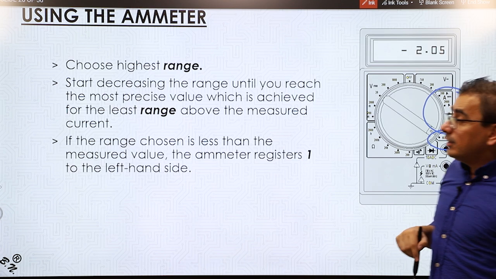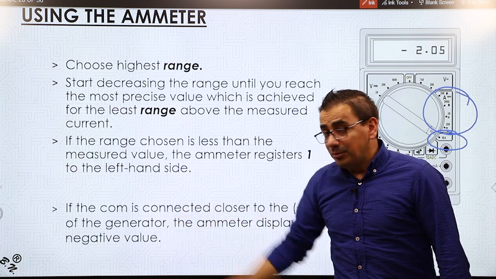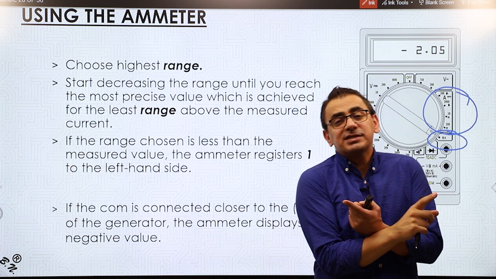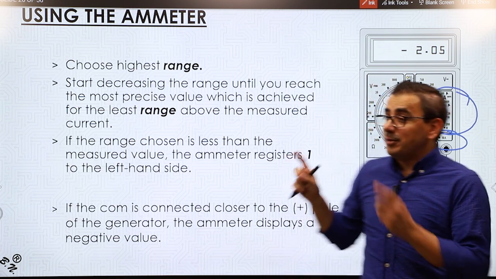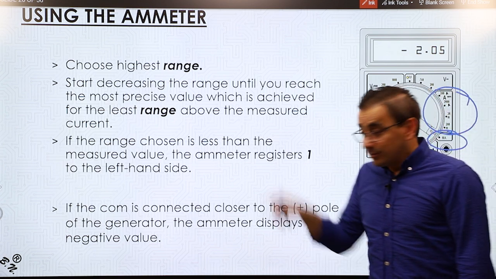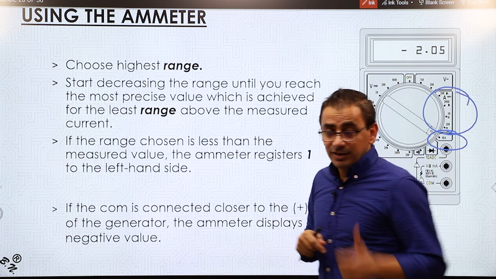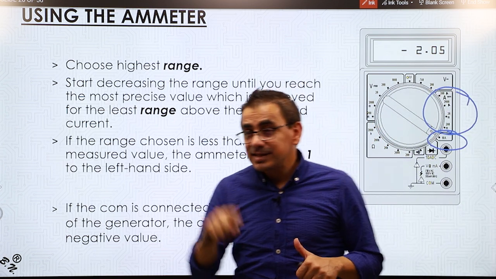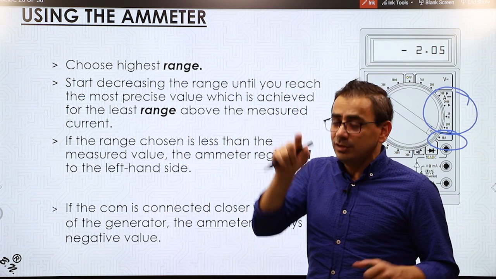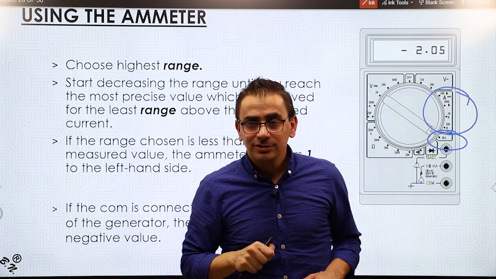Notice? Now, if the COM is connected to the positive pole or closer to the positive pole of the generator, the ammeter still gives you a value, but it's going to become negative. So these are 2 ideas you have to keep in mind. If you choose a range less than what you're measuring, it displays 1 to the left, that's an indication, please increase the range.